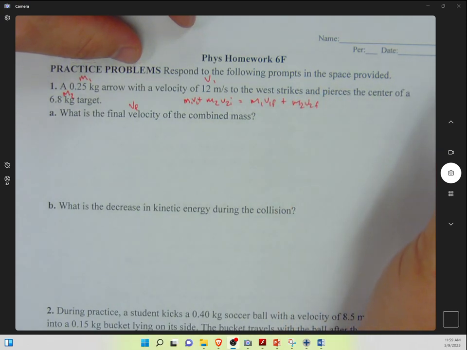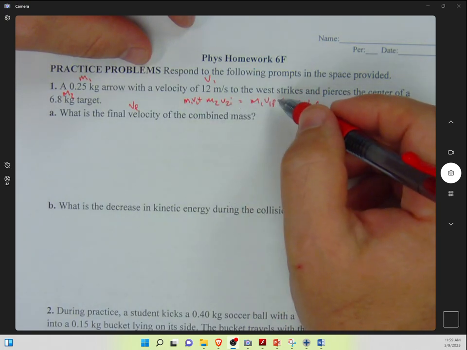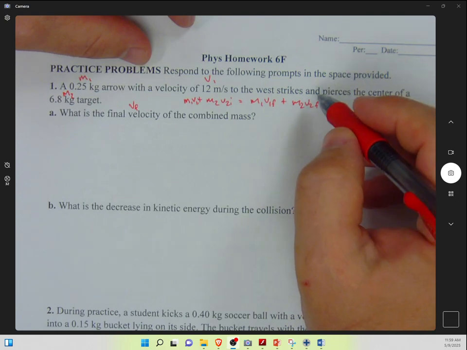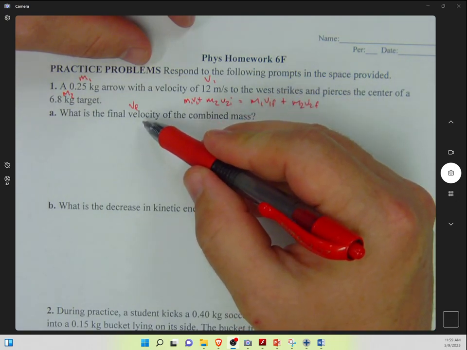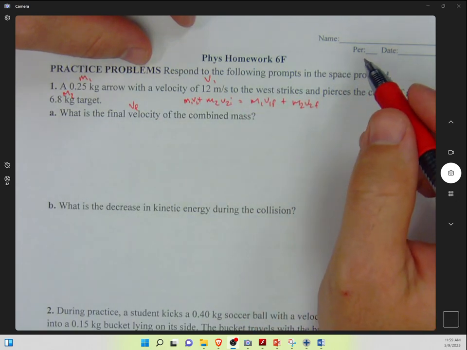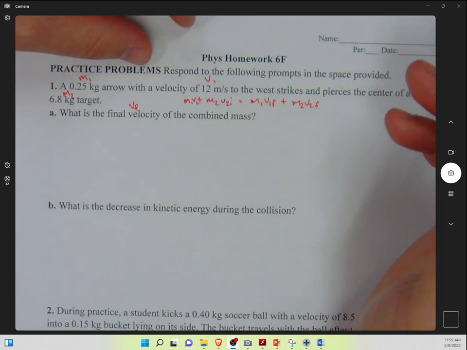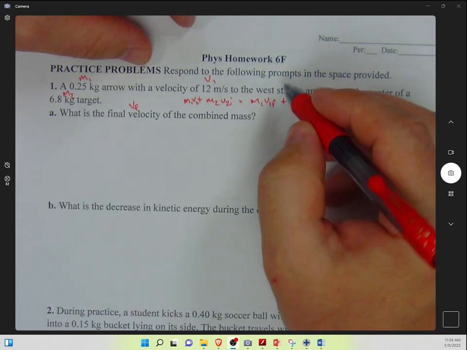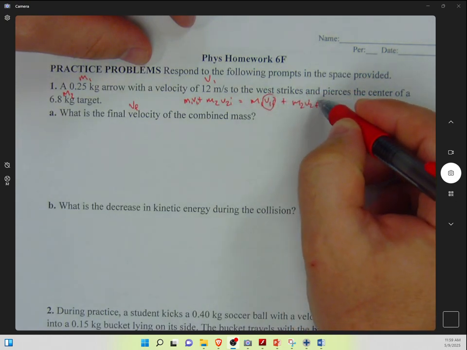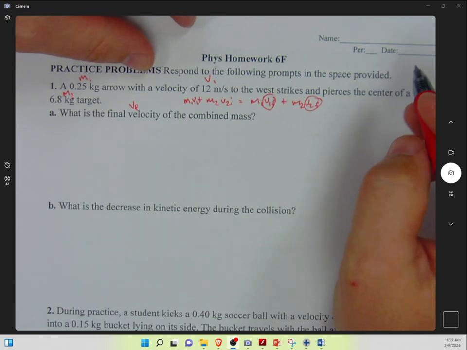V2 final. So we have this conservation idea where momentum is conserved, okay? But especially if we're trying to find an inelastic collision, where the two objects essentially become one object after the collision, they stick together and they move as one. Remember, we know that this final velocity for both mass 1 and mass 2 is going to be the same value.